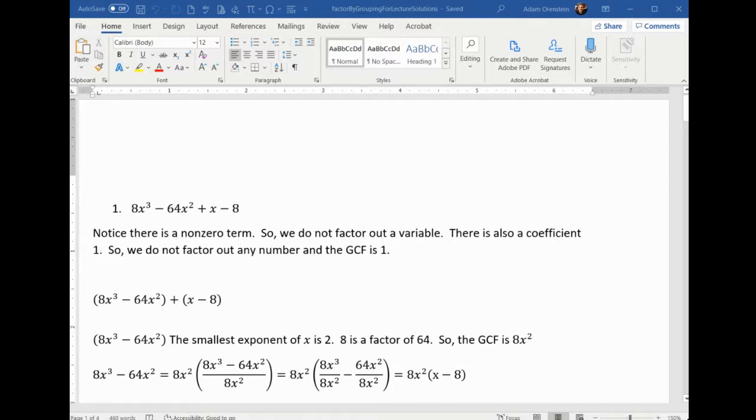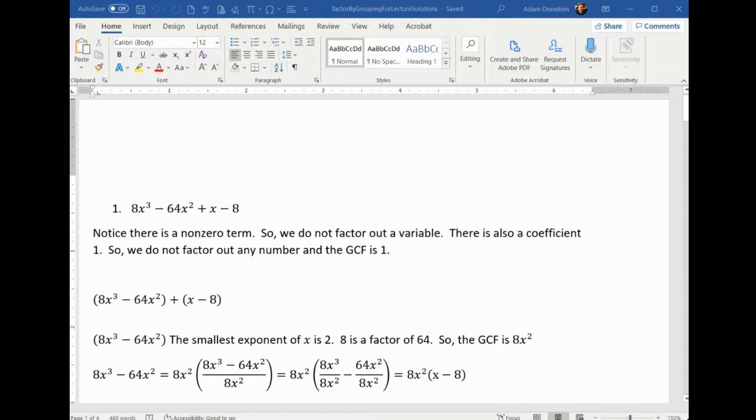And since there's a coefficient of 1, right, you have 8x cubed minus 64x squared plus x minus 8. Well, since the coefficient of 1 is there, that tells us that the greatest common factor among the coefficients and the constant term is also 1. So basically, the GCF is going to be 1.